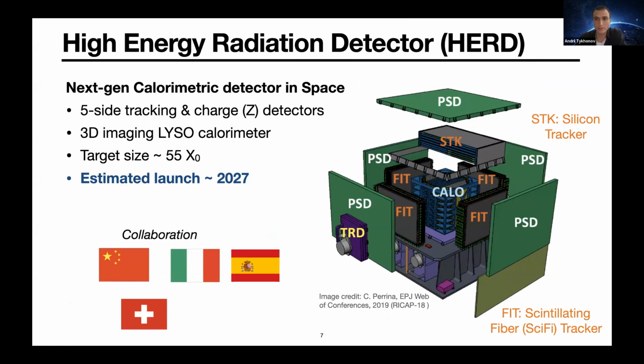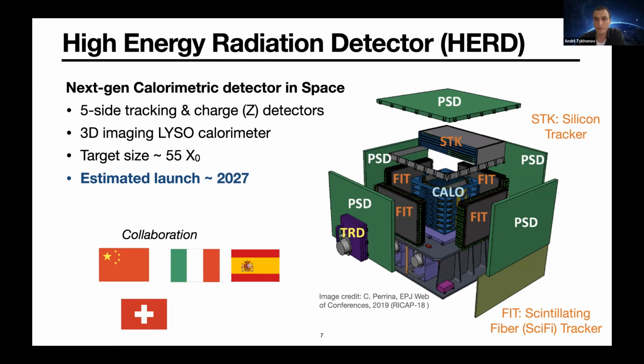Now I'm going to spend a slide talking about the future, which is the High Energy Radiation Detector mission, HERD, which will be launched in 2027. In some way, it's considered a successor of DAMPE. It shares a similar detector design ideology, where you have a thick calorimeter in the center.